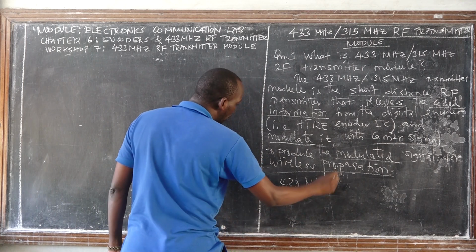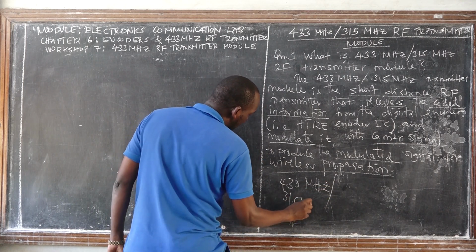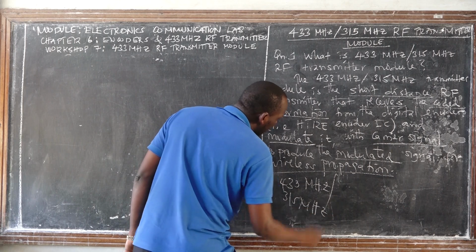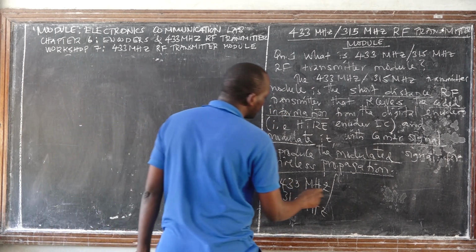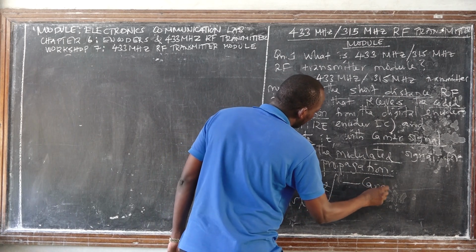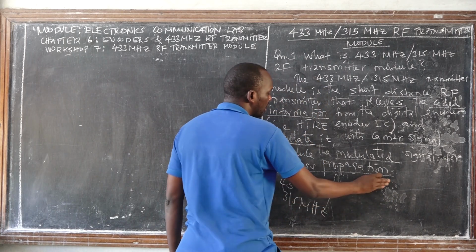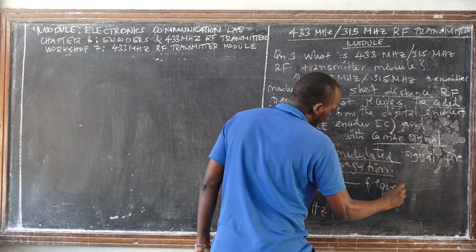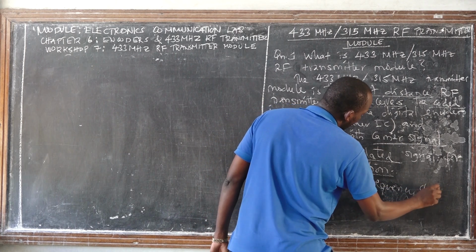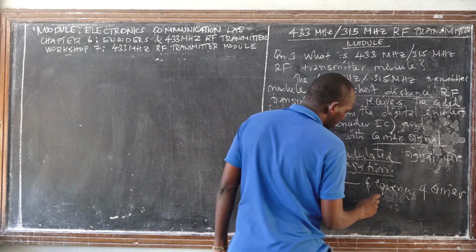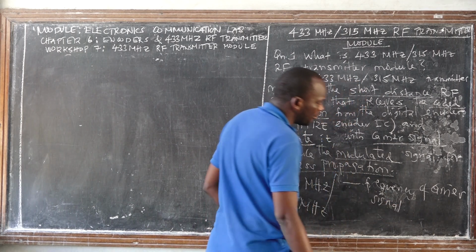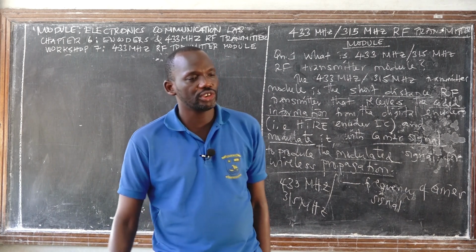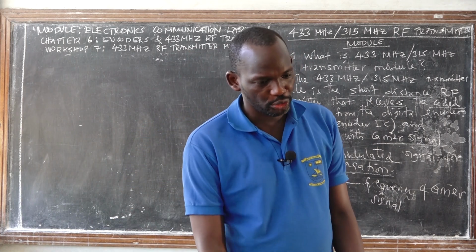So Bundala, or in case you say 315 megahertz. Bundala said that one of the pieces of information he might get from this is what we call frequency. It's the frequency of what? The frequency of the carrier signal that can be produced by this radio frequency transmitter module.